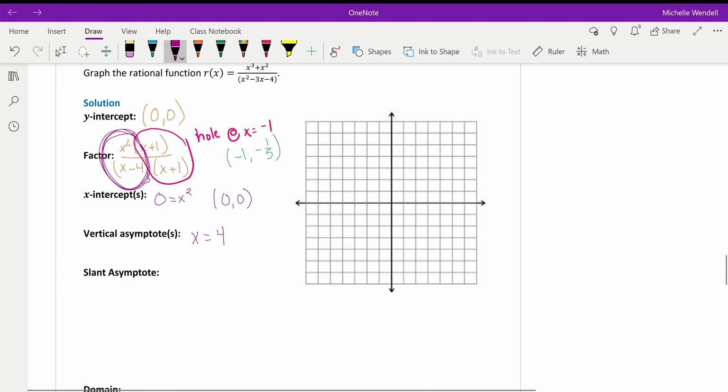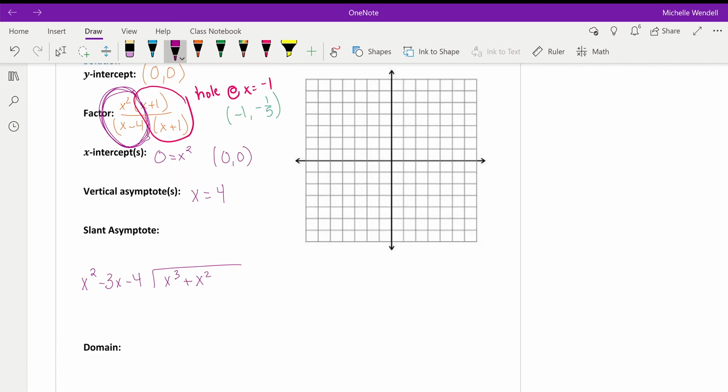And then to get my slant asymptote, I'm going to divide. So I get a slant asymptote of y equals x plus 4.